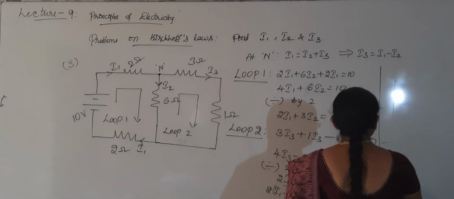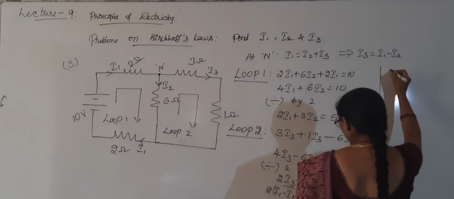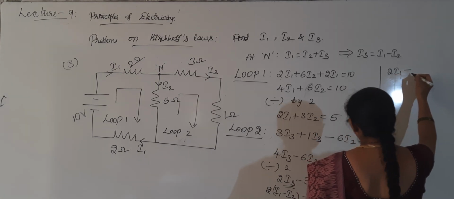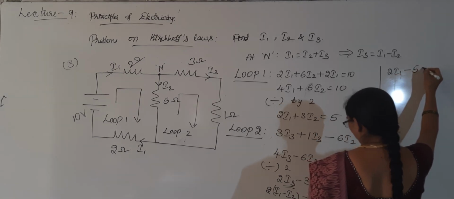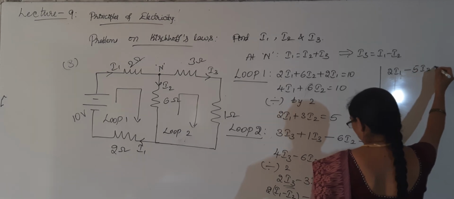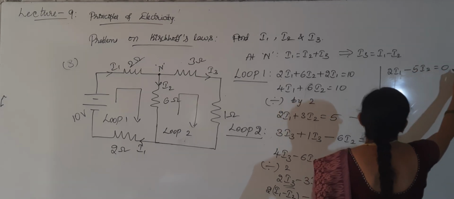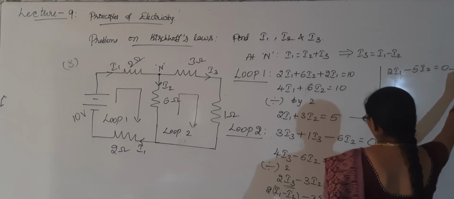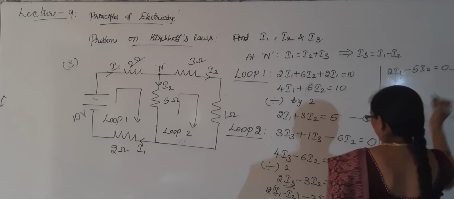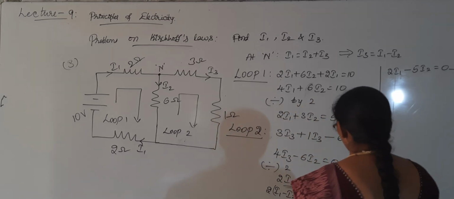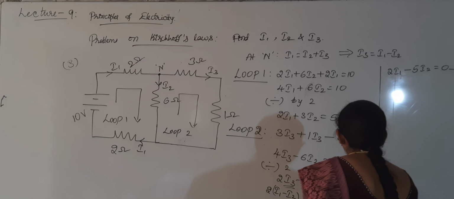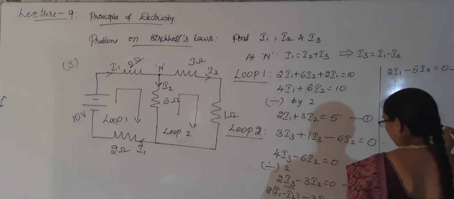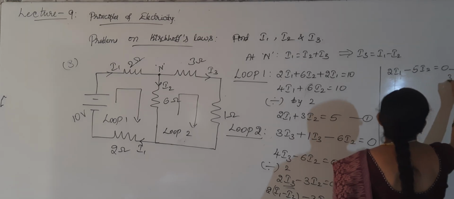What you will get? 2I1 minus 2I2 is equal to 0. I will call this equation 3.